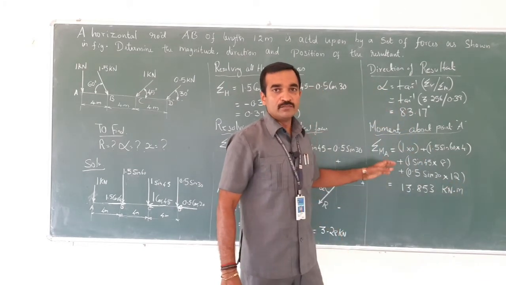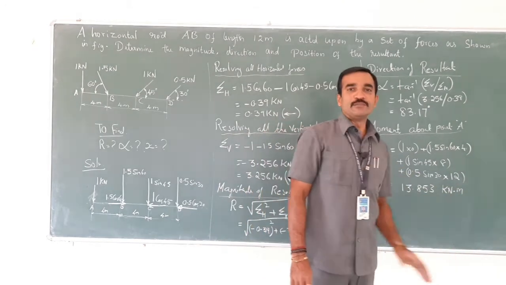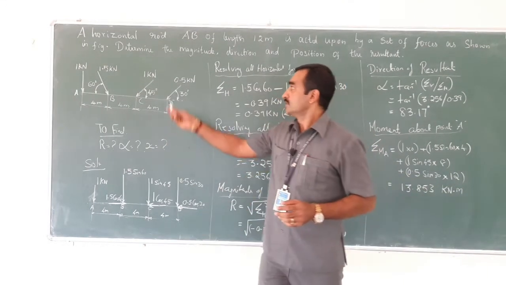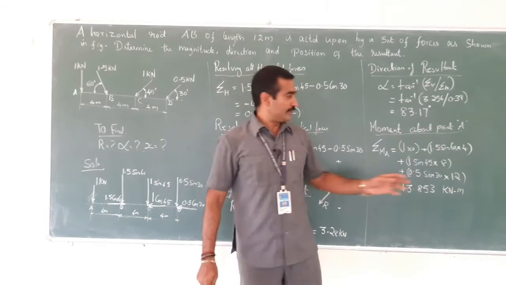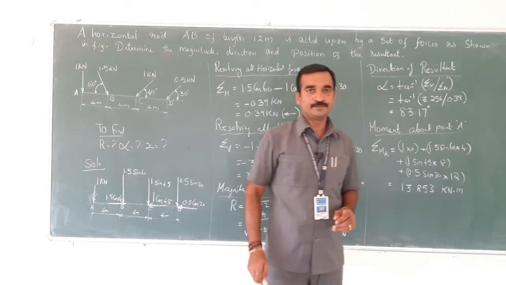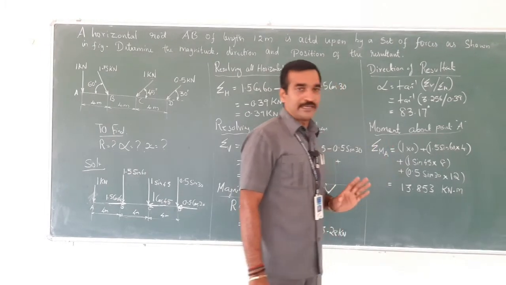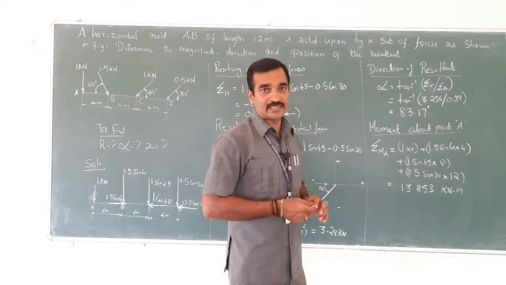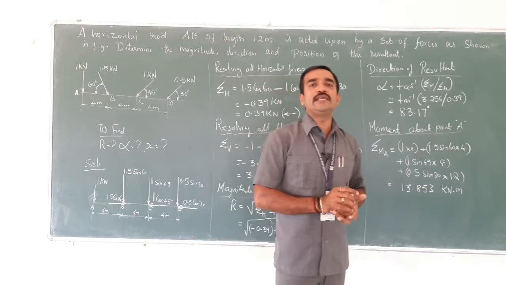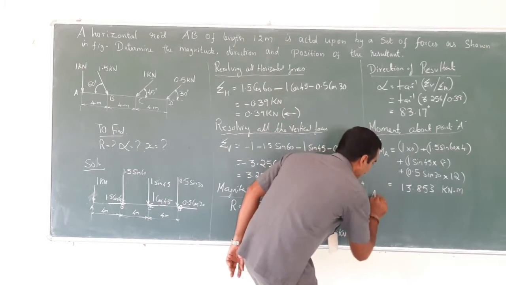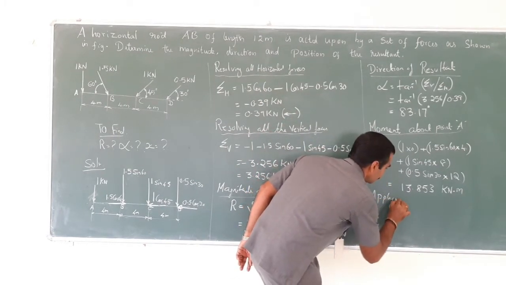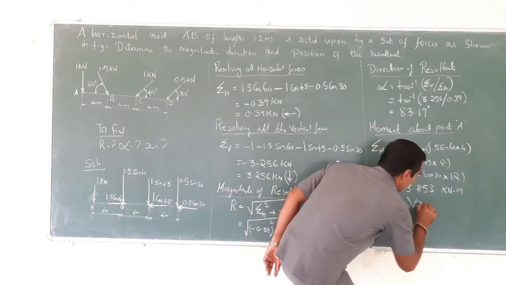The unit of moment is Newton meter. Here the force unit is kilonewton, therefore it's kilonewton meter. Got it? So the sum of moment has been arrived at. Next, I am going to apply Varignon's theorem.